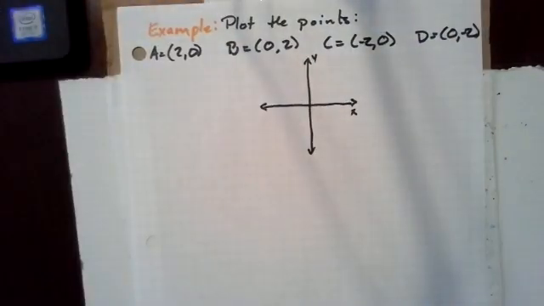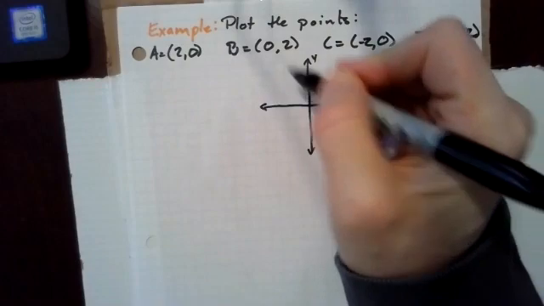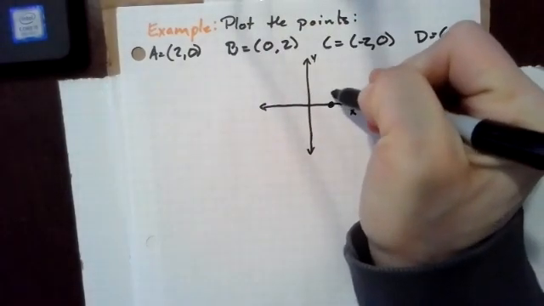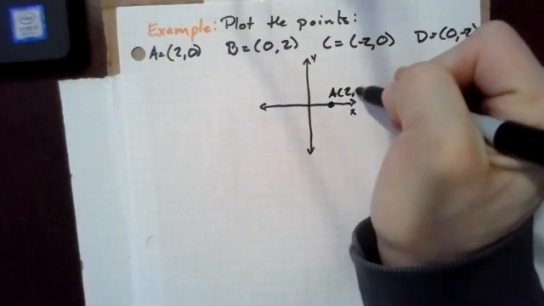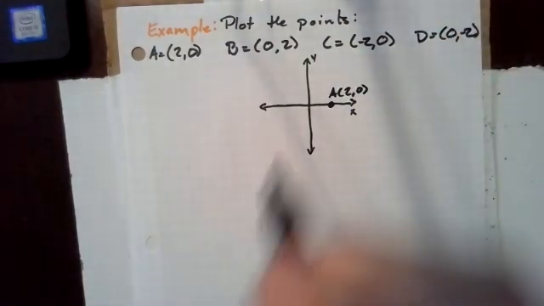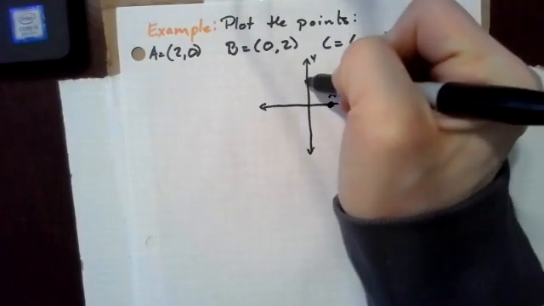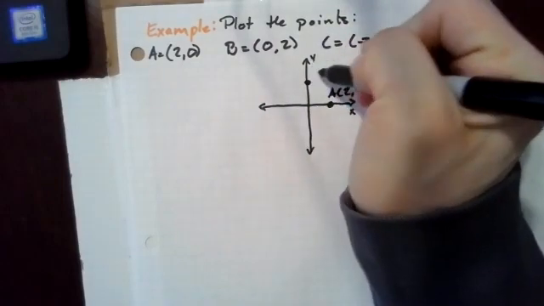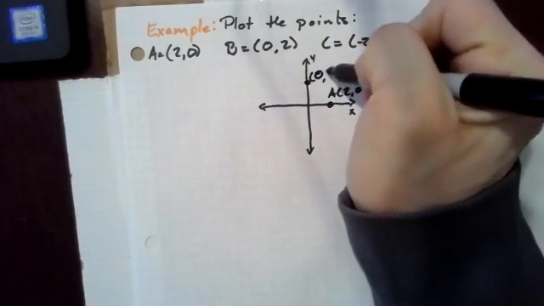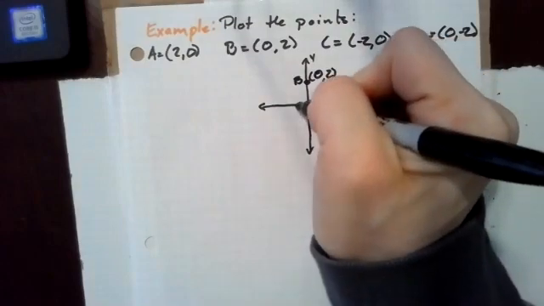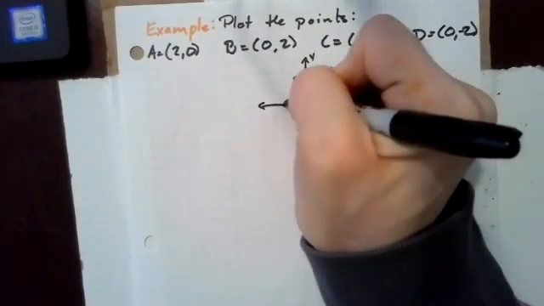So finally, we will just plot these 4 points. We want (2, 0). Well, that's 2 horizontal and 0 vertical, so that's right there. (0, 2), that's 0 horizontal and 2 vertical. (-2, 0), that's -2 horizontal and 0 vertical.